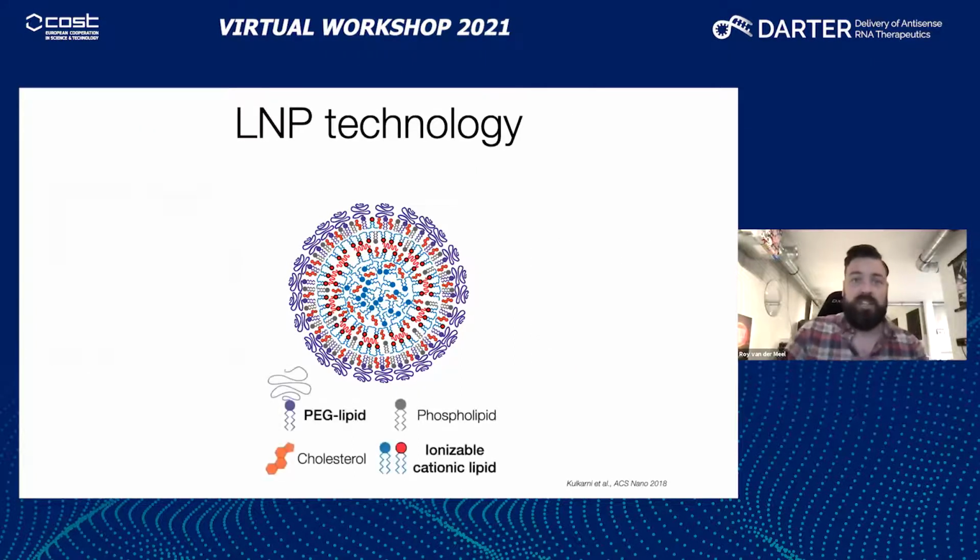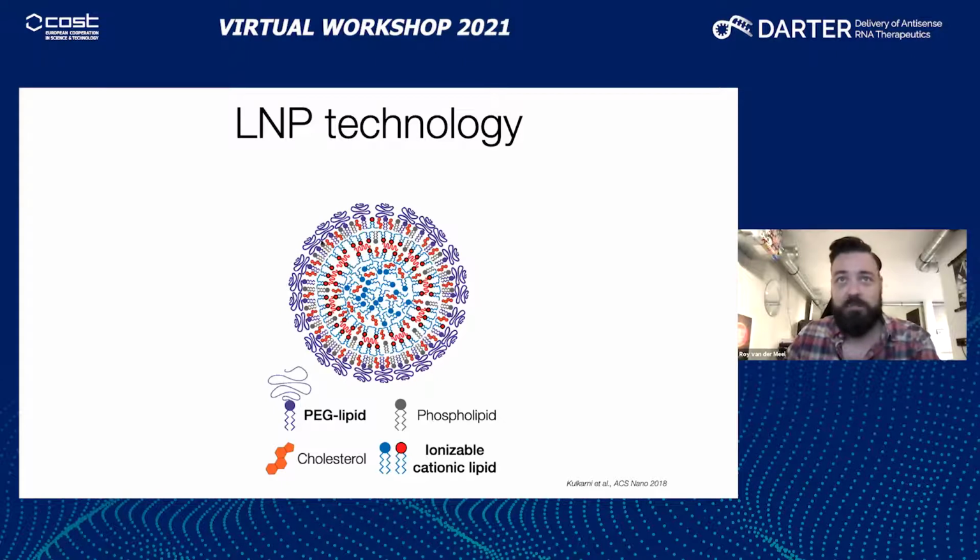So what does the technology consist of? Basically, there are four main lipids that are usually used. The phospholipid and the cholesterol make up the particle and ensure that there's a stable particle.